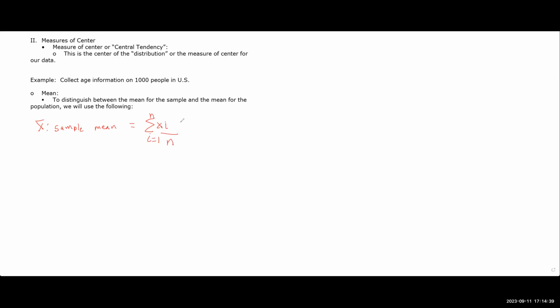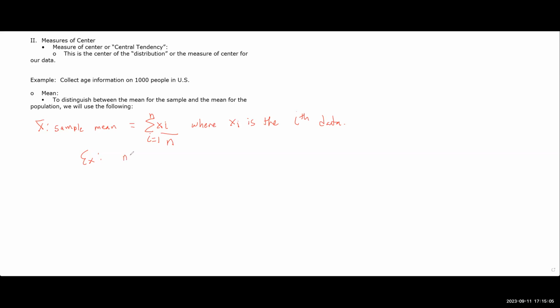Here xi is the ith data point. So for example, let's say we collected data on the age of 10 people in the United States.